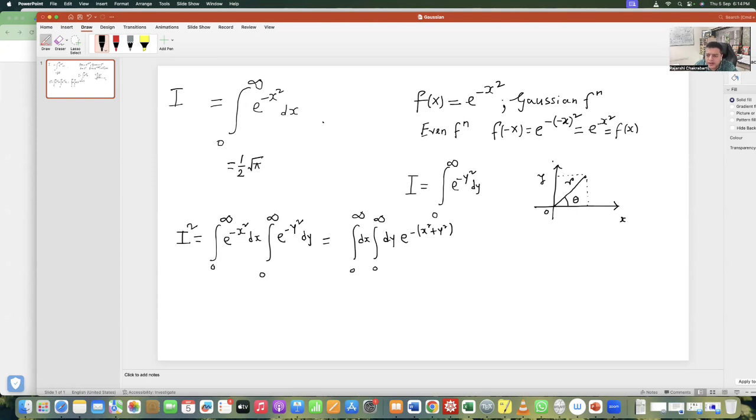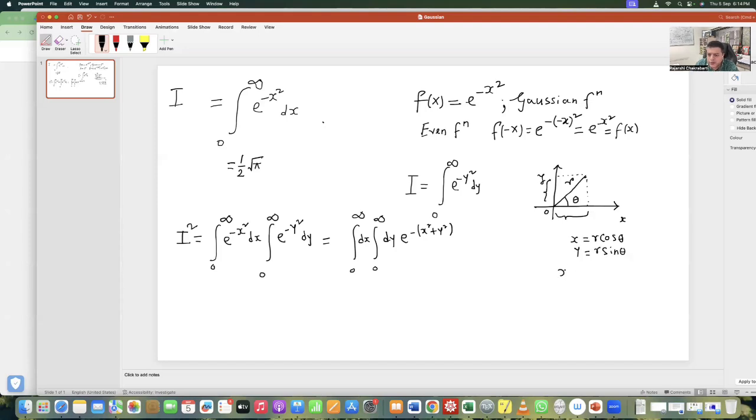So let us do it as follows. I take a point in the xy plane and I join this point to the origin, and the distance is r. Then the projection of this point on the x and y axes would be as follows. x is going to be r cosine theta, where theta is the angle this vector makes with the x axis. Similarly, y is r sine theta.